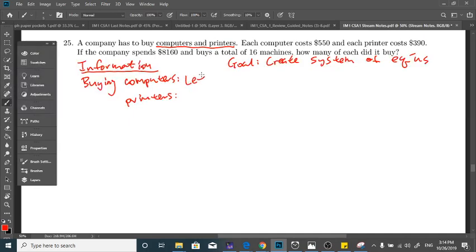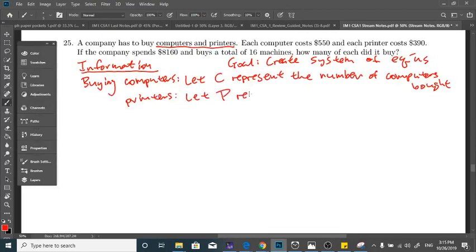Let C represent the number of computers bought. And let P represent the number of printers bought.